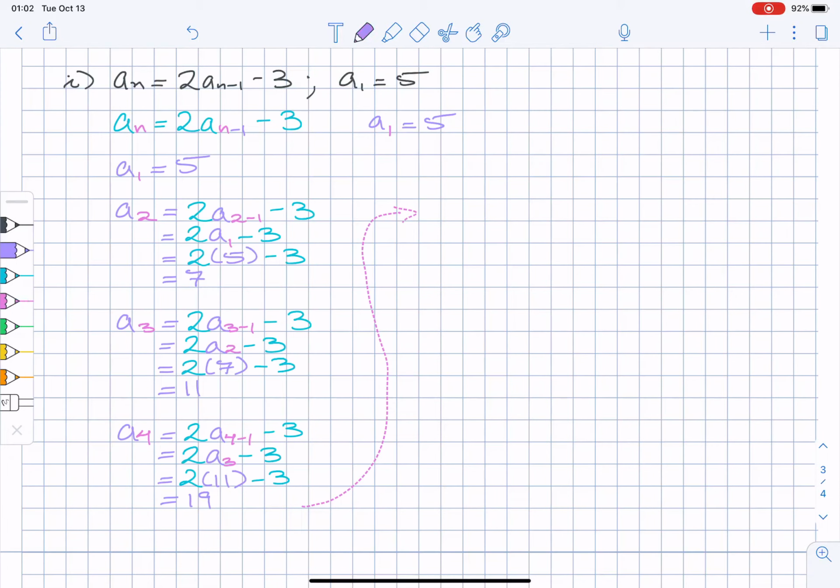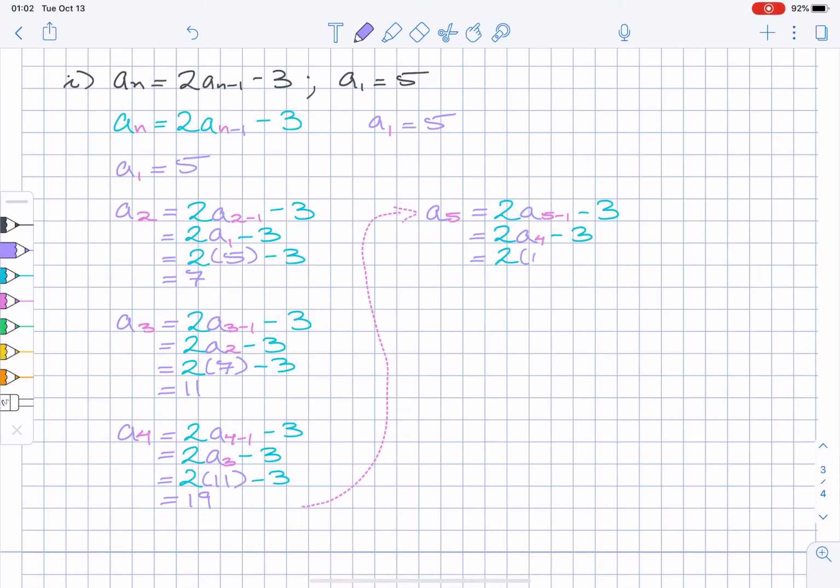Okay, so what is a sub 5? Well, that's going to be 2 times a sub 5 minus 1, from which I'm subtracting 3. So that's going to be 2 times a sub 4, from which I'm subtracting 3, which will be 2 times, what did we get for a sub 4?